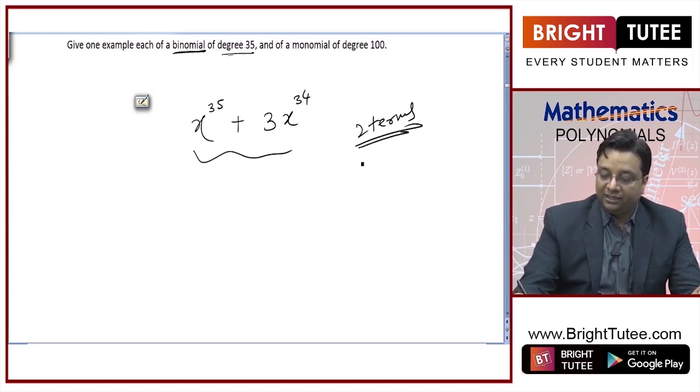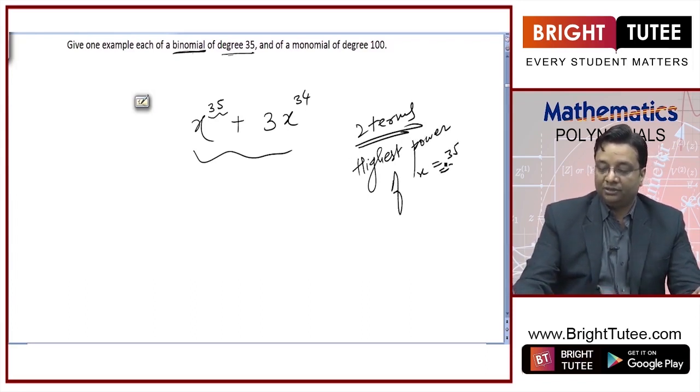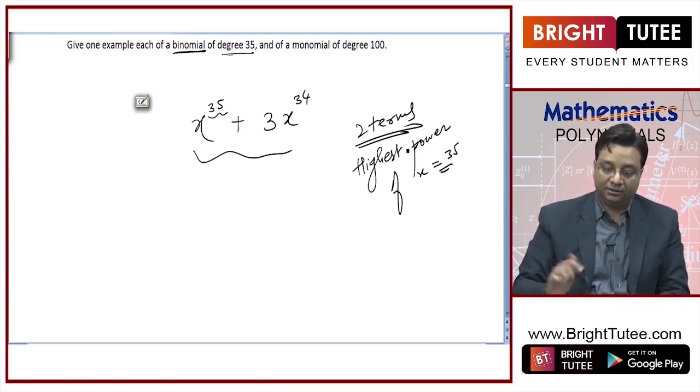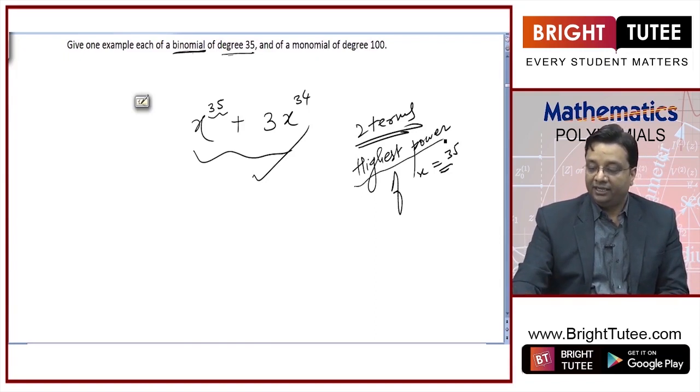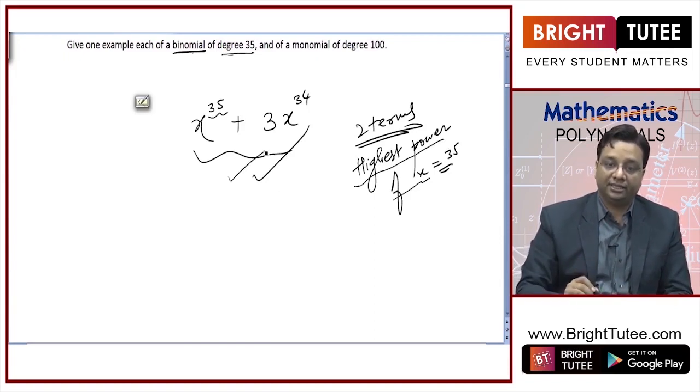Why is the degree 35? Because the highest power of x is 35. So I just need to take care of 2 things: I need only 2 terms, which is okay, and I need the highest power of x as 35, which is also okay in this case.